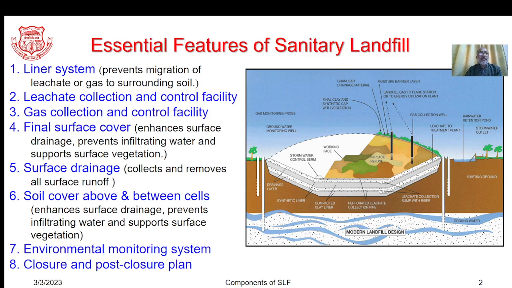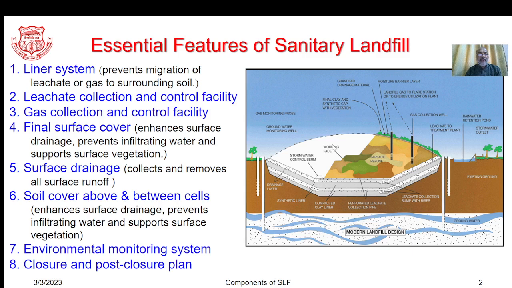In addition, as the topmost desired profile is reached, we wish to cover the entire cells with some final surface cover so that it will enhance the surface drainage.